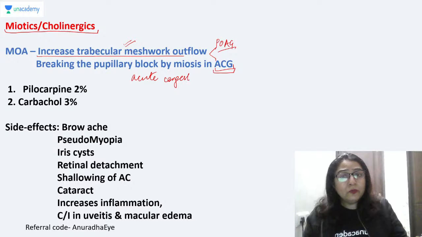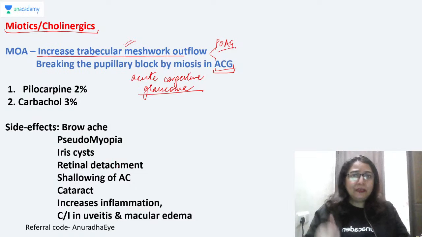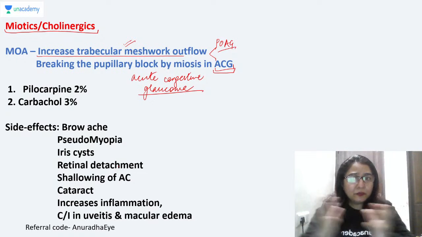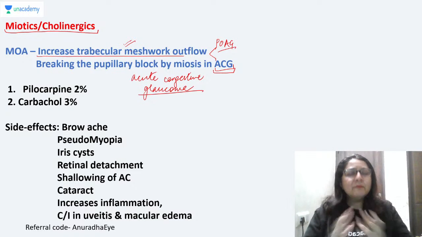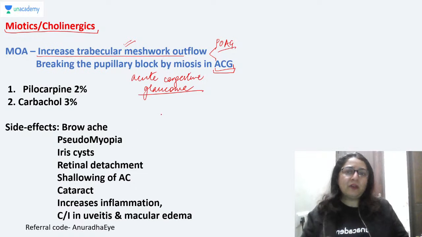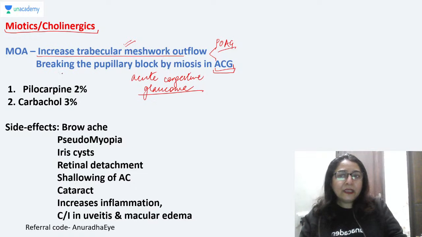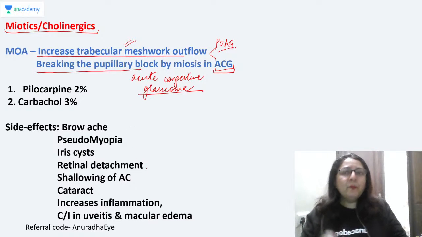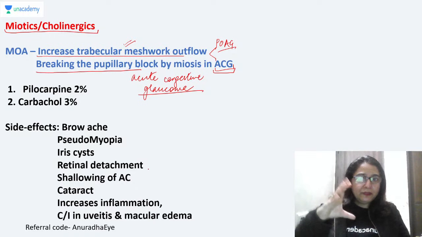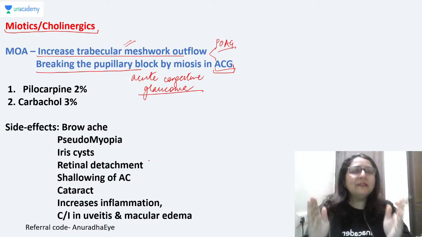We know acute congestive glaucoma is a medical emergency in which, due to pupillary block, due to a dilated pupil, there is markedly increased intraocular pressure. Here miotics help to break this pupillary block. The pupillary block has happened because the pupil is dilated.